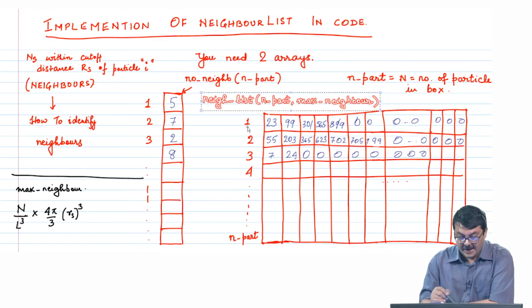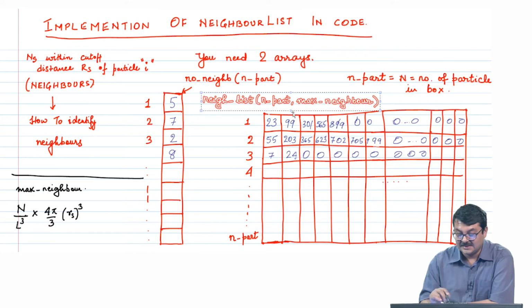For each particle you have to identify which other particles are its neighbors. So, on one side it will be n part, and on the other side it is max number of neighbors.